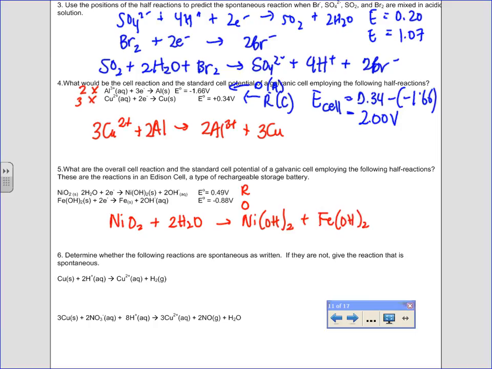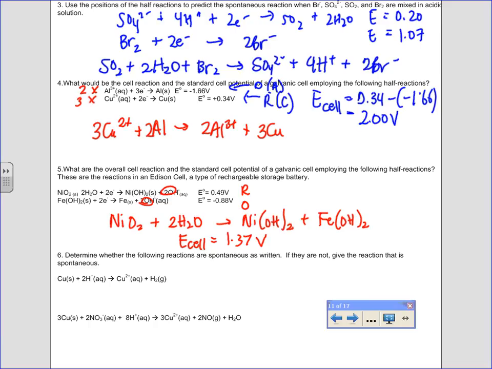In this case, I didn't need to multiply because the electrons are the same in both reactions, but when I flipped the first reaction, the hydroxides ended up canceling each other out. So I really encourage you to take the time to set it up and make sure that you know how to recombine the reactions and get the appropriate overall cell reaction. Okay, the E cell, by taking the cathode and subtracting the anode, we are left with a cell potential of 1.37.